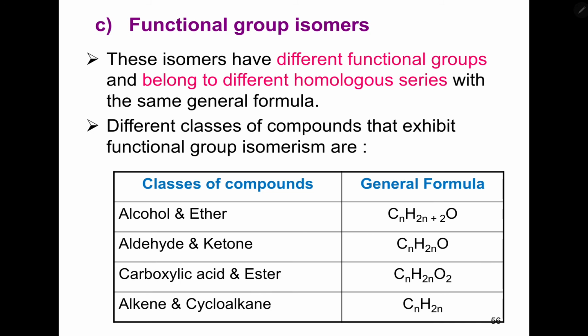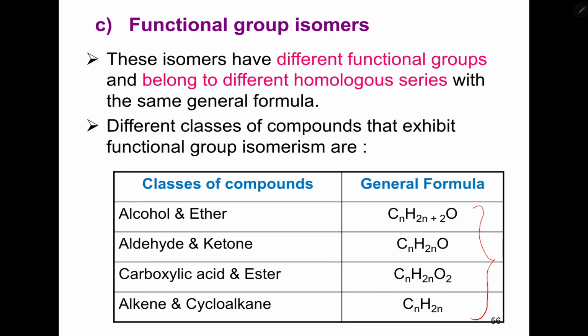So how to identify whether the compound consists of functional group isomers or not? You need to see the molecular formula and convert the molecular formula into the general formula. Only these 4 general formulas are involved in functional group isomers. If you find a general formula other than these, that means there are no functional group isomers.